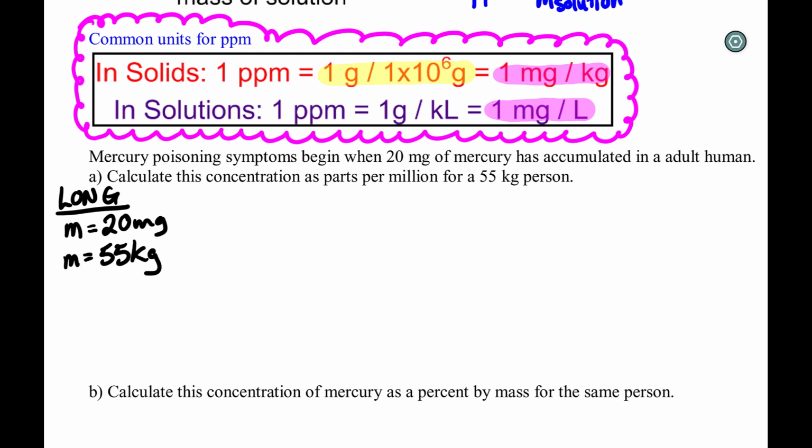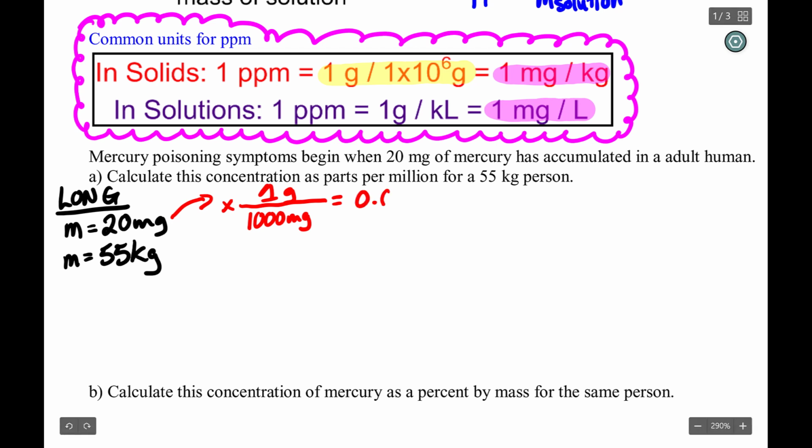In order to use the equation the way it's set up, I have to have both in the same units of mass. I'm going to convert both of these into grams, which is kind of the middle place to go. For the milligrams, I know that there are 1,000 milligrams in every 1 gram, so essentially I'm dividing by 1,000. 20 divided by 1,000 would be 0.02 grams.